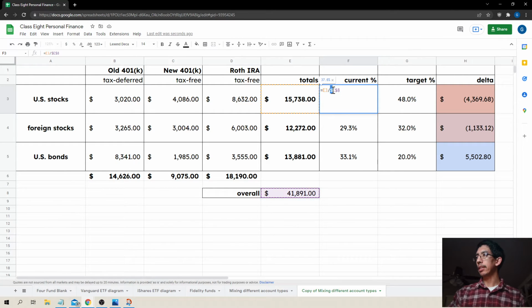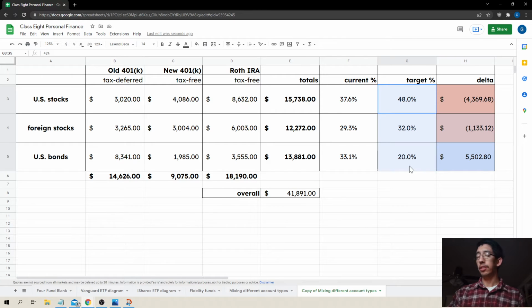The little trick here is that you have to have this dollar sign before the E and before the 8 here, so that the denominator doesn't change when you drag this down. If you were to drag this down like this, and you didn't have that dollar sign there, then it would declare your denominator to be E9 and E10, which are both 0, and those aren't numbers when you divide like that.